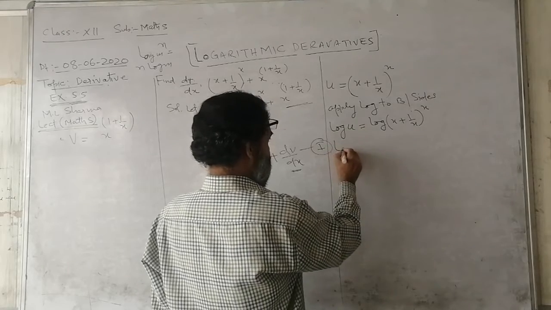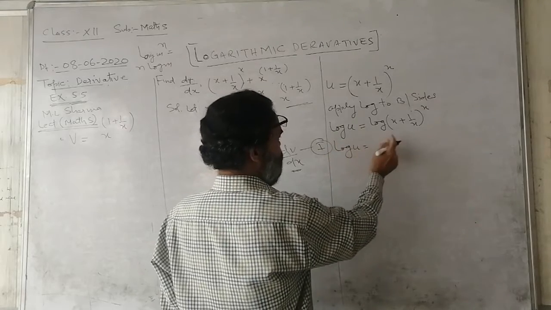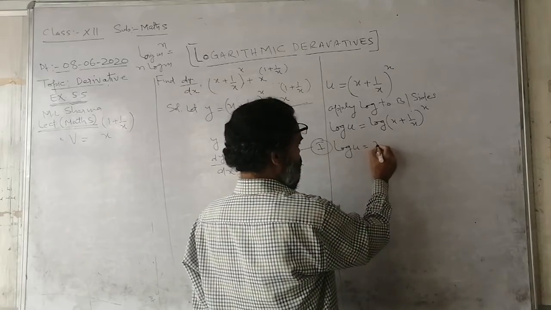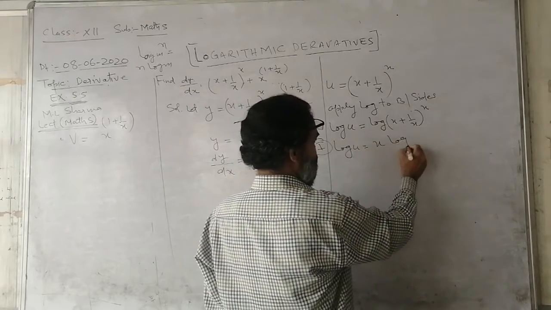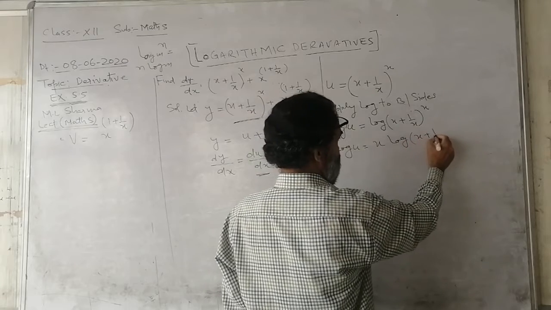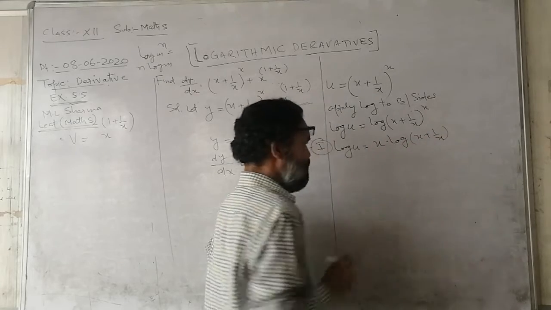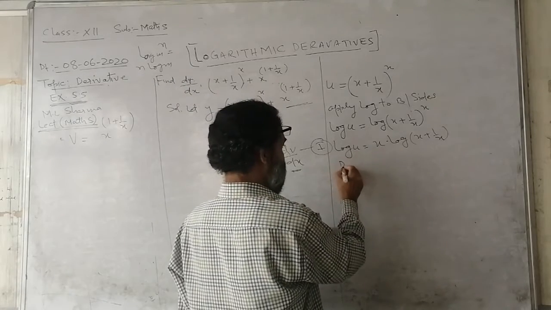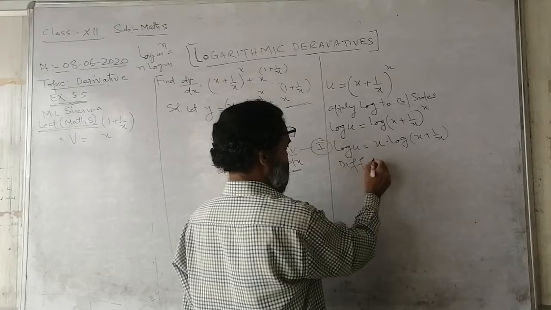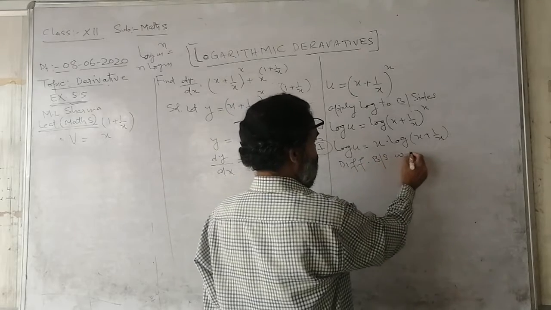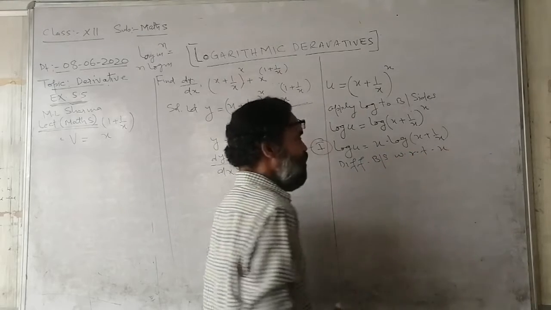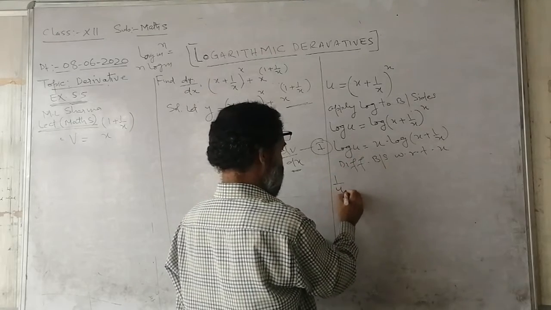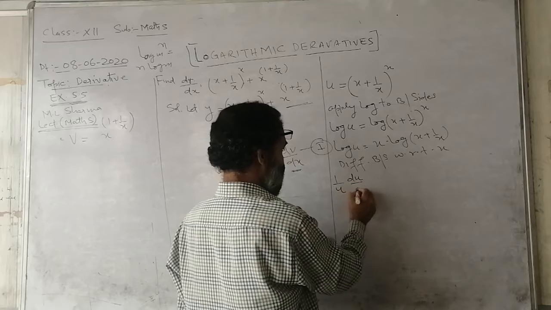So I can write log u, this exponent will come into the front in this way. So now I differentiate both the sides with respect to x. So its derivative will be 1 upon u into du upon dx.